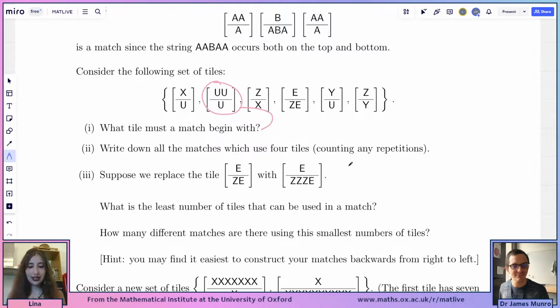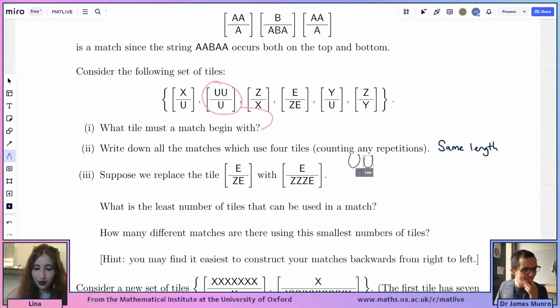And then the next part of the question asks us to write all the matches using 4 tiles. So another thing we note about a match is that a match has to have the same length on the top as the bottom. So this is going to narrow down the tiles we can use, because we need to make sure that the number is the same on top as on the bottom. And we know we're starting with the U tile.